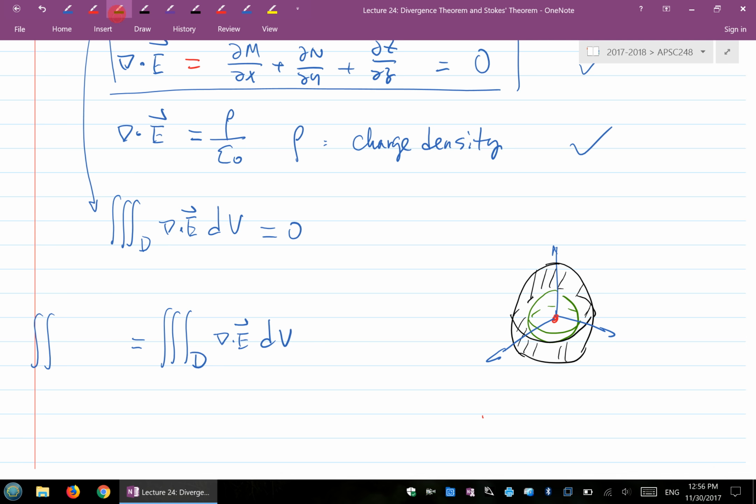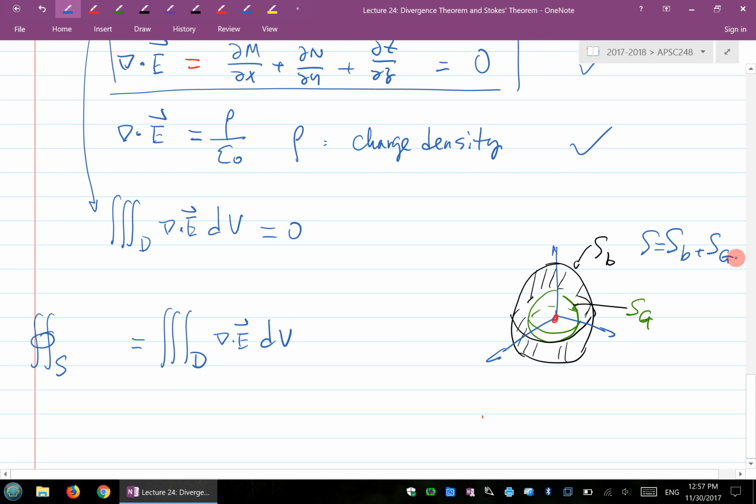One is the outside surface, let's call it S black, and the other one, the inside one here, is SG, the green one. So there's a green and a black surface enclosing this region D, right? So S equals S black plus SG. Two surfaces give us an enclosed region.